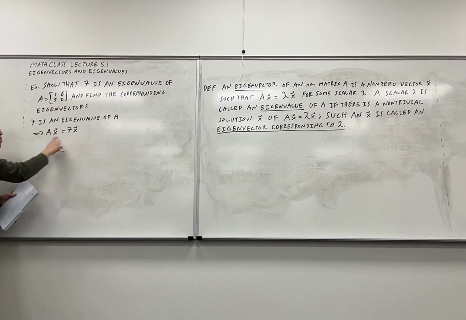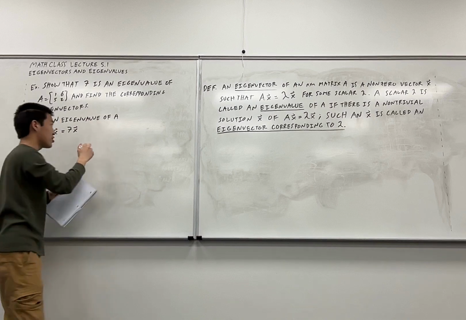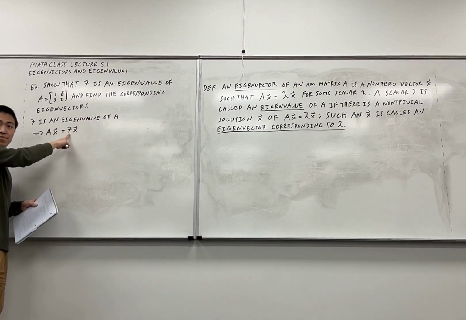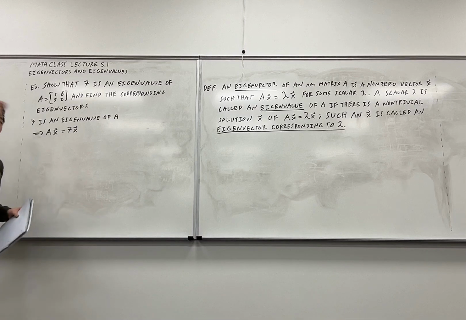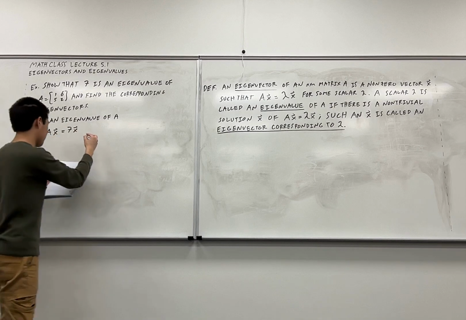Basically, there's going to be some non-trivial x that satisfies this relationship. 7 is the scalar. In the previous example, the unknown was the eigenvalue. We were given the vector and then asked to figure out what the corresponding scalar multiple is. This time it's the reverse. They're telling us straight up what that scalar multiple is, and now we're interested in what the original x is.